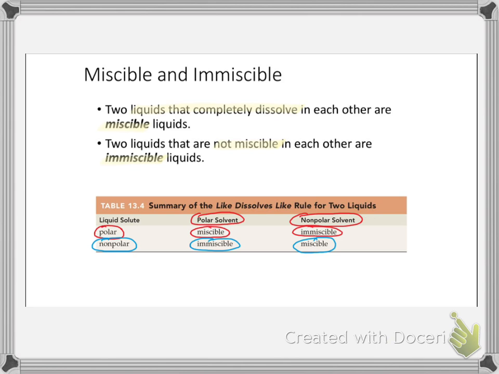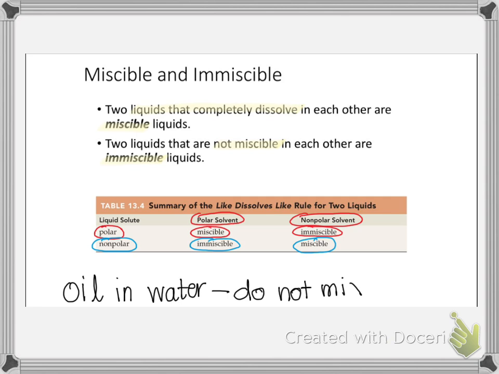So let's go to something we all know, oil in water, which these two, they do not mix, correct? And if they do not mix, it is because, water, we know, is polar.